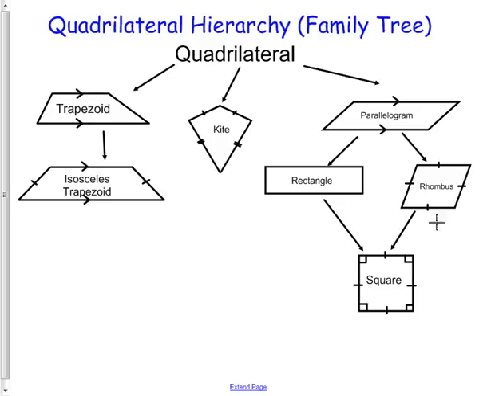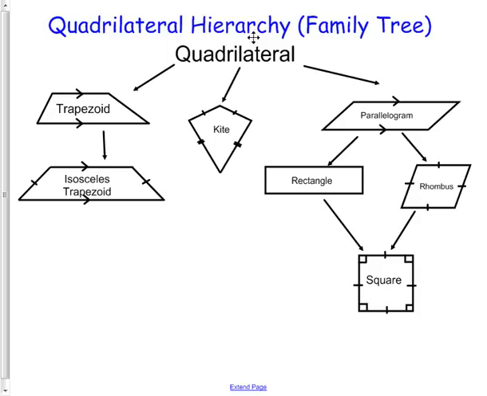So a square is also a rhombus. So how is this related to a family tree? My question is, is a square a parallelogram? That would be a yes. The parallelogram is kind of like the grandma of the square. So the square is a type of parallelogram. It just happens to be a type of rectangle and a type of rhombus.